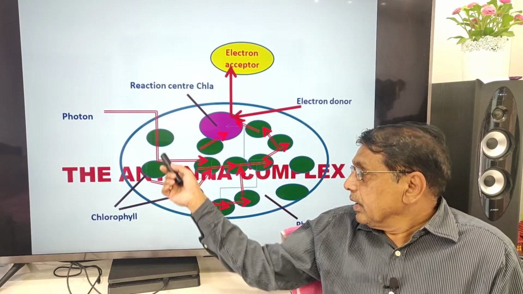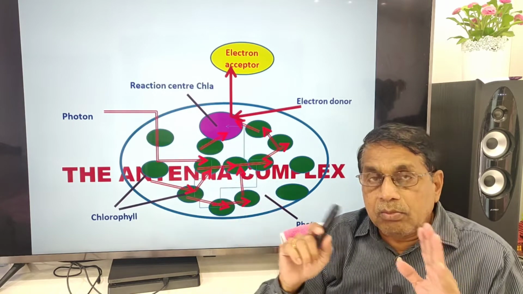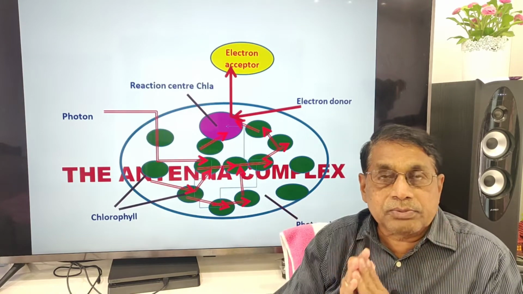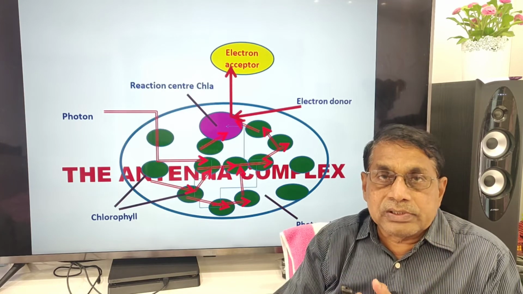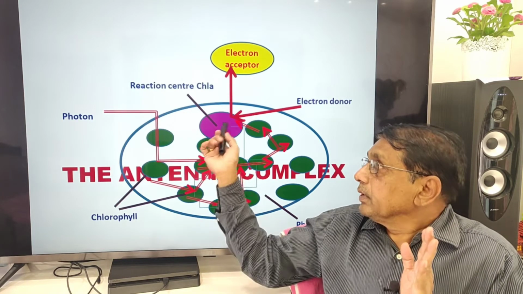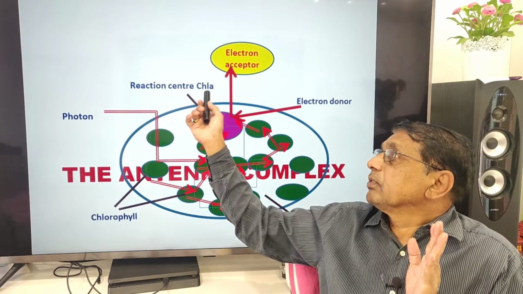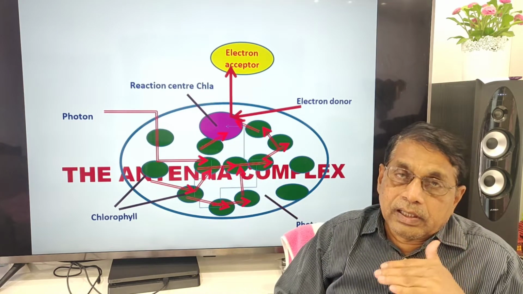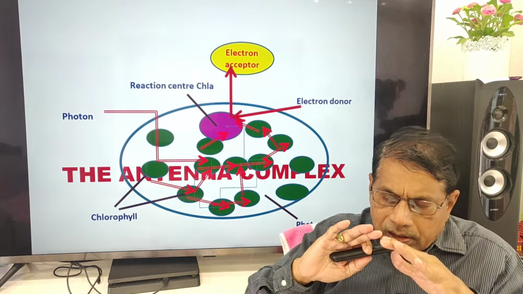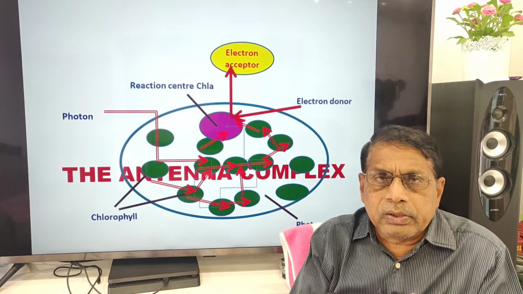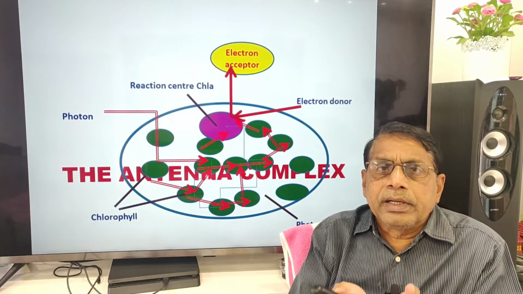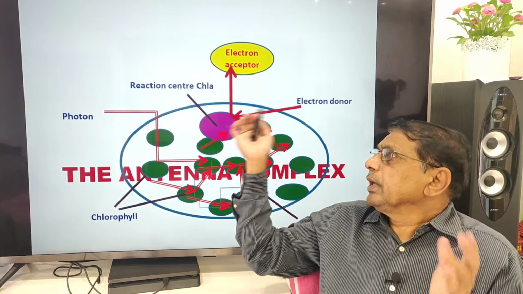Reaction center, antenna molecules. Antenna molecules contain different types of chlorophyll molecules, carotenes, and xanthophylls, but the reaction center consists predominantly of chlorophyll A, and all the energy collected by the antenna molecules is ultimately directed to the reaction center.